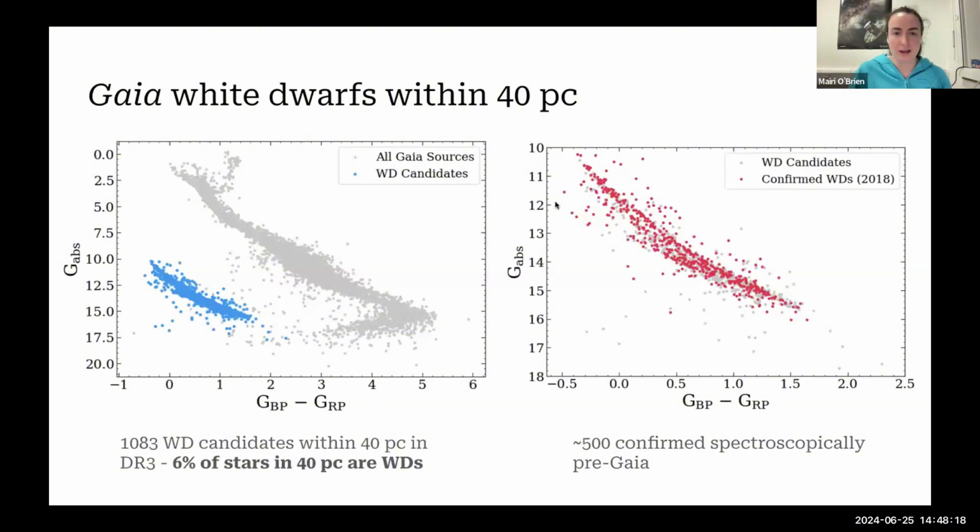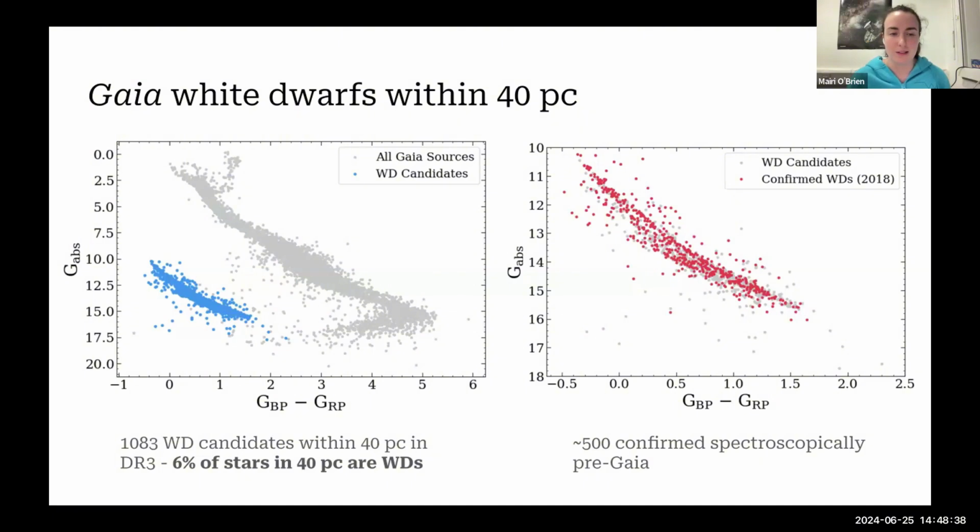So the HR diagram on the left shows all Gaia sources within 40 parsec, not just white dwarfs. And then in blue, I've overplotted the white dwarf candidates from that catalogue that I mentioned before. So we had 1,083 white dwarf candidates within this volume selected in that catalogue.